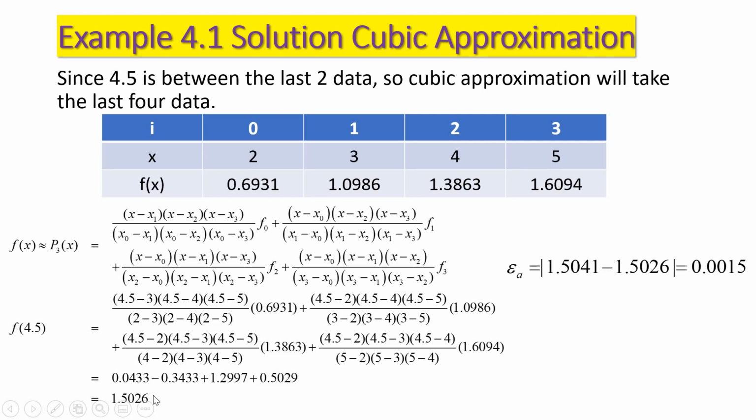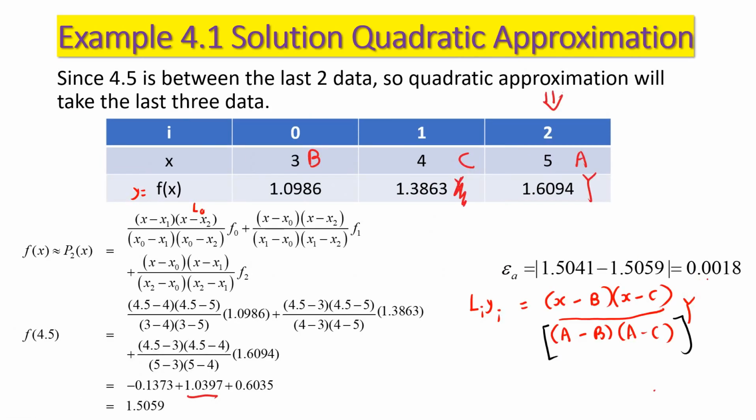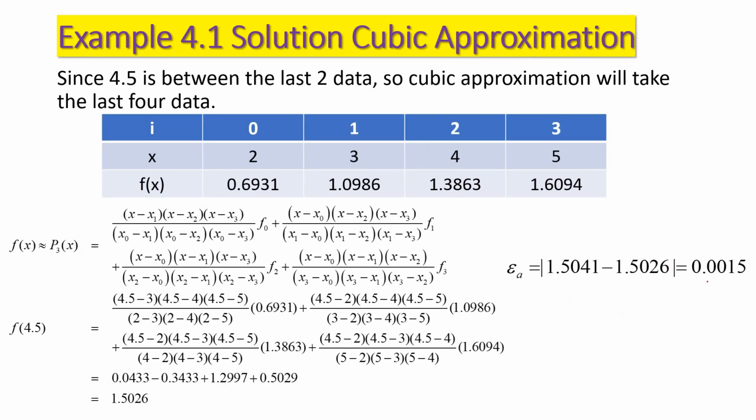If you downloaded it before that, the last two rows contain error, wrong calculations. And see the error reduce. Just now this is quadratic 0.0018. This is 0.0015, reduced. So the best one is cubic for this example.